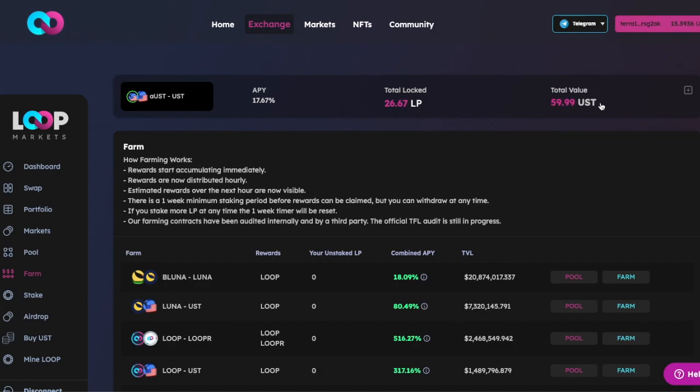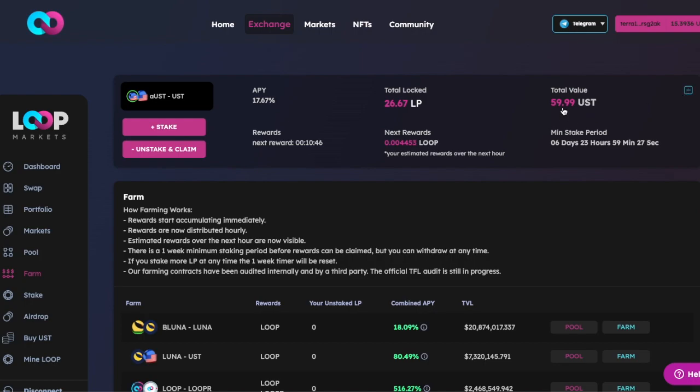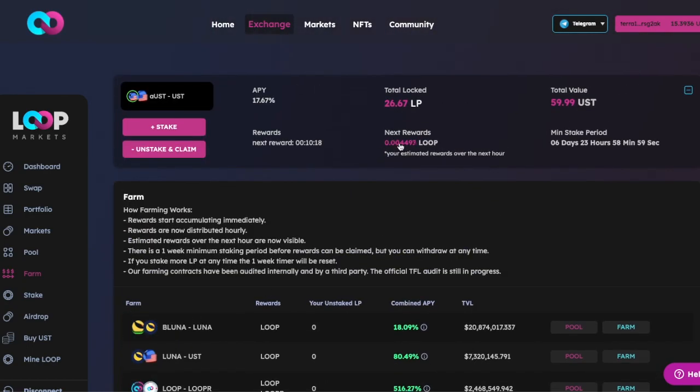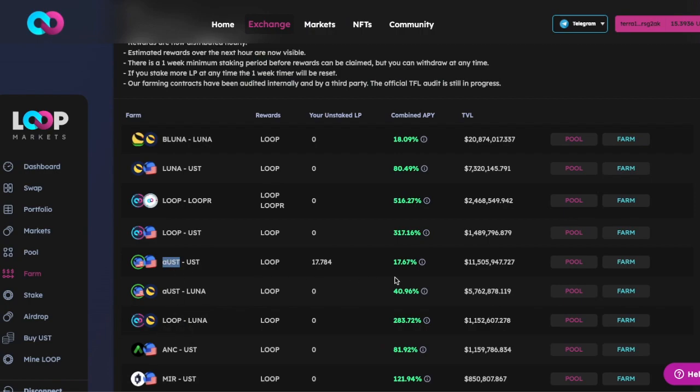I already had residual LP that I had initially staked before this video. The current value that I have is about 59.99 USD, and I get rewarded in Loop token, which I can straight away unstake and claim. I can convert it into USD. Mind you, part of it is AUST, so AUST is still accruing 19.54% interest, and whatever I'm getting here is over and above that.